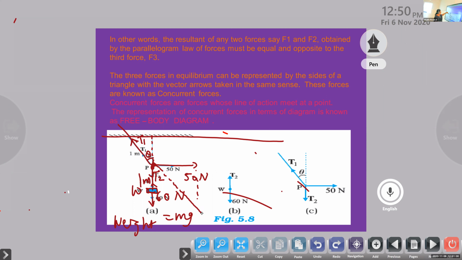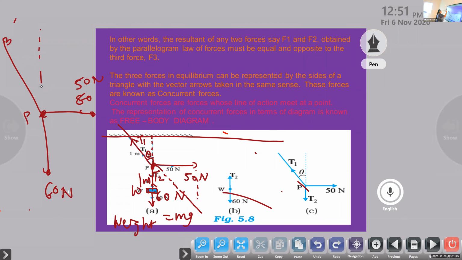We have to see if you make a parallelogram. I think this is becoming a little more difficult for you to understand. I just draw here separately. 50 Newton, 60 Newton. I'm just writing this much only. Otherwise, when all this picture will come, you get confused.